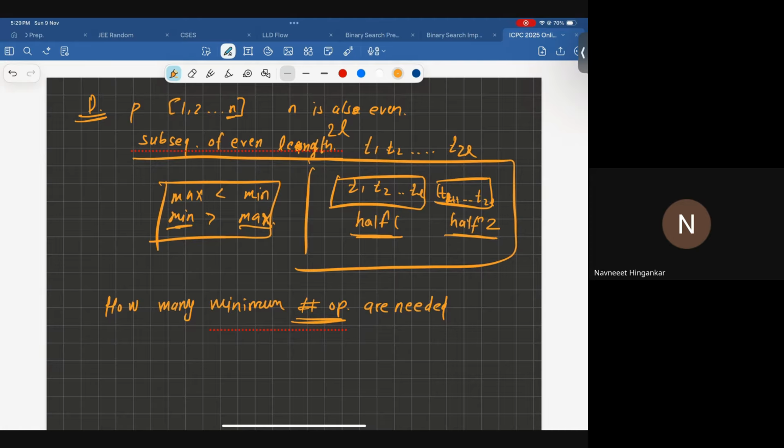So after working on most of the cases, you can see the answer is either one or two. One is easy: the first half's max is less than the second half's min, so 1 2 3 4 5 6, sorted like this, or 4 5 6 1 2 3.